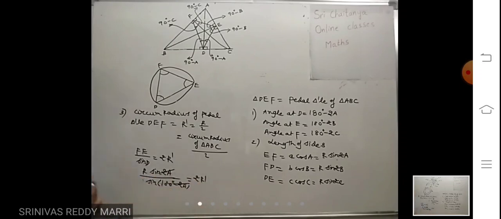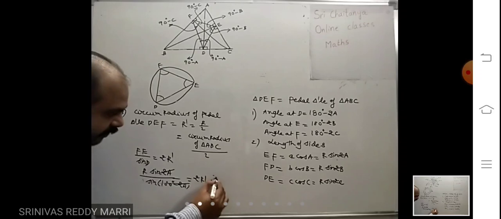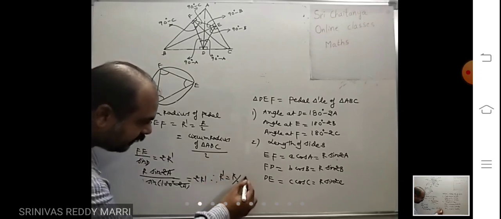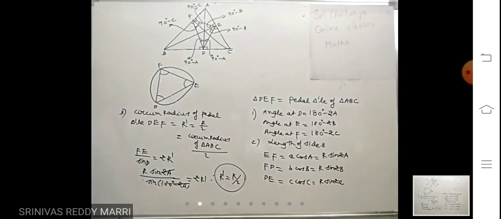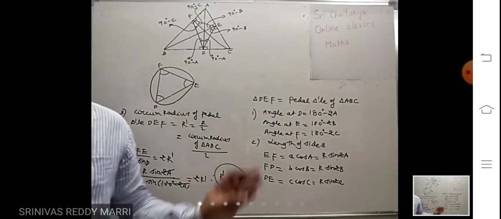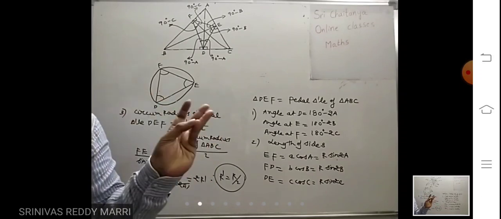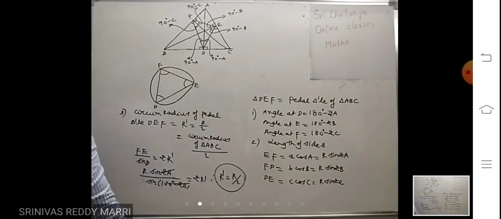Sine 2A cancels. Therefore, R dash is nothing but R by 2. This is a very important formula to remember: the circumradius of the pedal triangle is the circumradius of triangle ABC divided by 2.